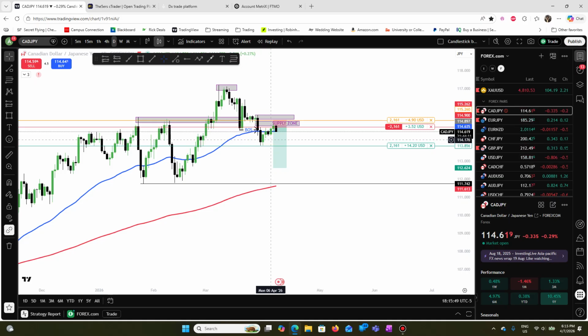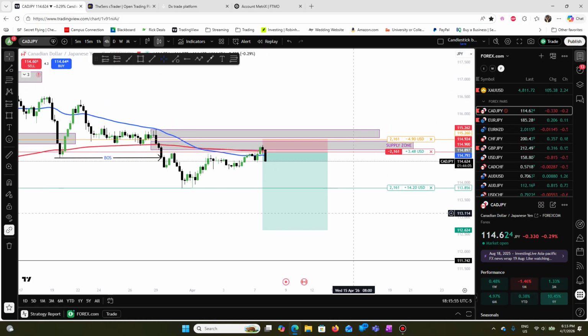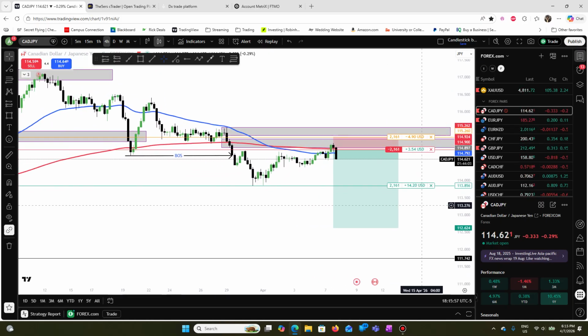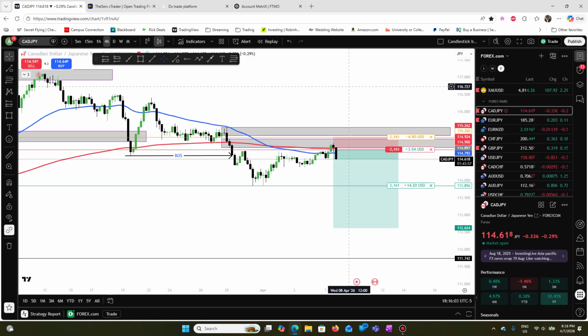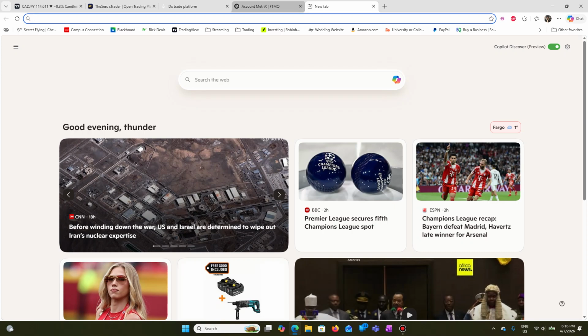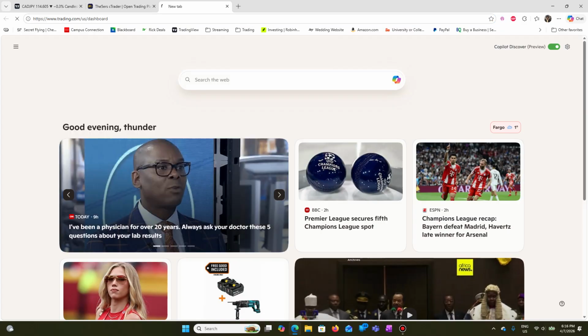And so I took that trade, and currently we're at $3.50 in profits, which I am happy for. I also took this same trade on, I have accounts everywhere, please forgive me, on my trading.com.